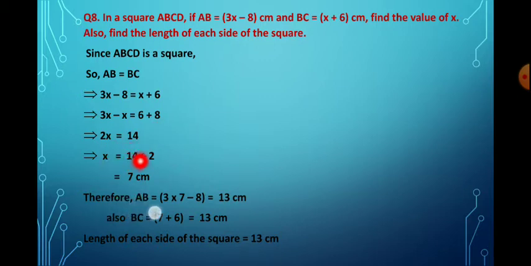Therefore x equals 14 divided by 2, that is 7 centimeter. Therefore AB equals 3 into 7 minus 8, that is 13 centimeter, and BC equals 7 plus 6 equals 13 centimeter. Thus we know that all sides of the square are equal, so the length of each side of the square is 13 centimeter.